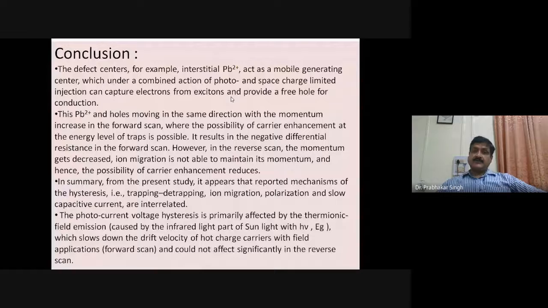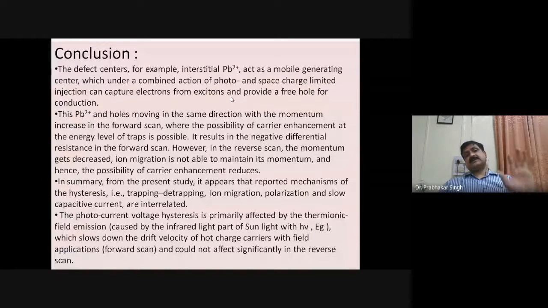In summary, from the present study, it appears that the reported mechanisms of the hysteresis, that is, trapping, ion migration, polarization and slow capacitive current, are interrelated. And the photocurrent voltage hysteresis is primarily affected by the thermionic field emission caused by the infrared light part of sunlight with the h nu.